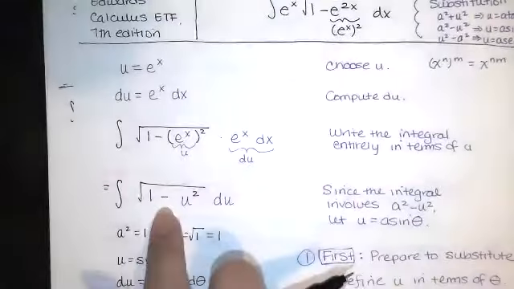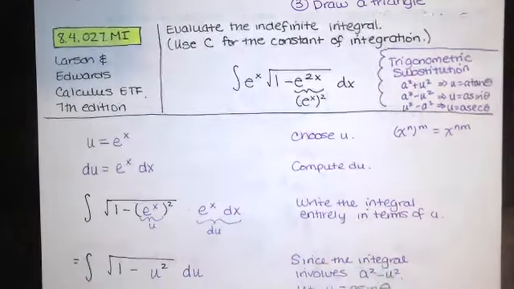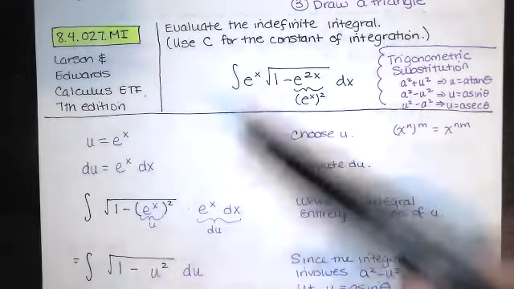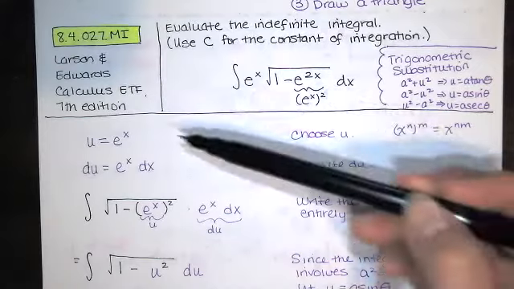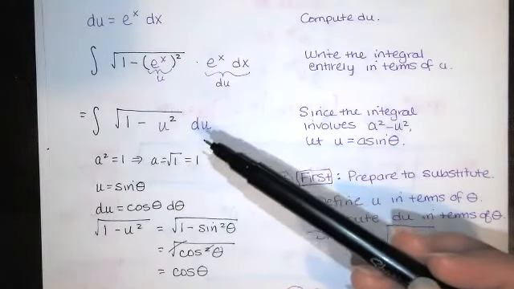But that still doesn't answer the original question. Remember, the original question was this one. So you have to back substitute again. So what we did was we took this integral in terms of x and we wrote it in terms of u. Then we got here and we said, I can't do that without a trig substitution.